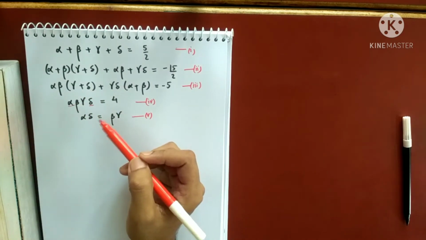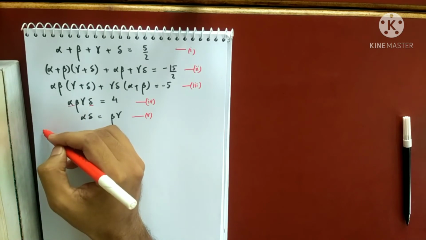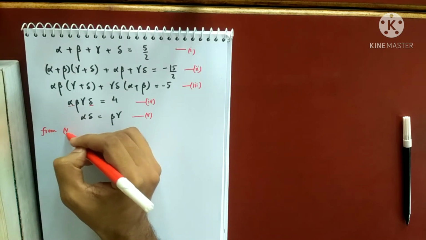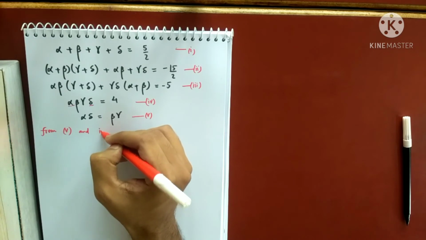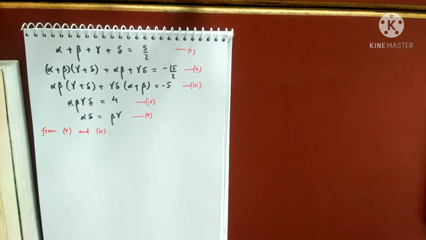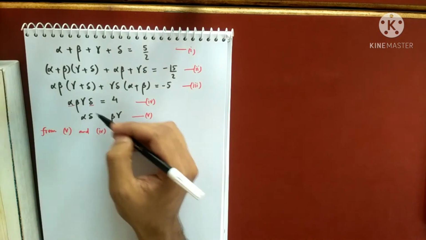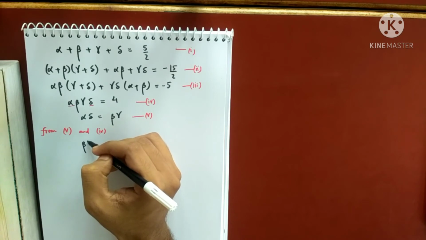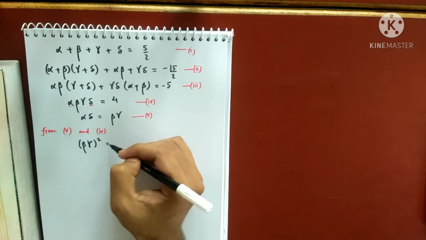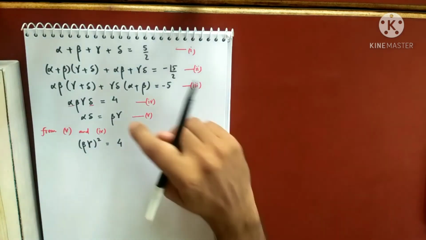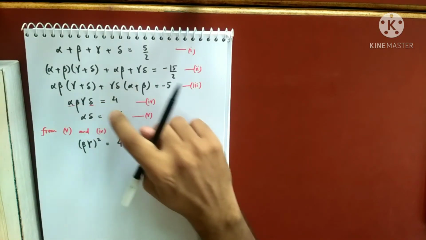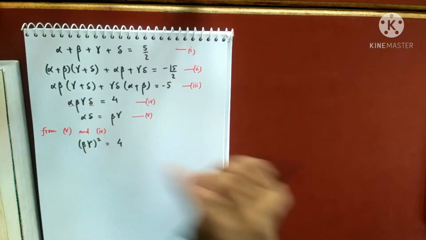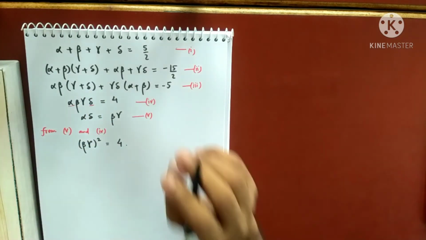From 5 and 4, try to understand my point. What am I getting? Instead of alpha delta, I am putting beta gamma. So beta gamma whole square equals 4. I am putting the value of alpha delta to be beta gamma, and beta gamma times beta gamma is beta gamma whole square.